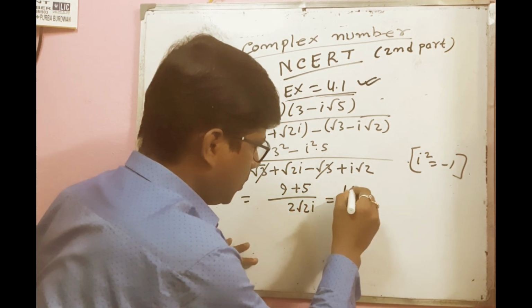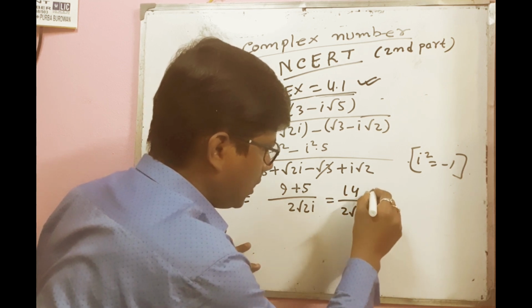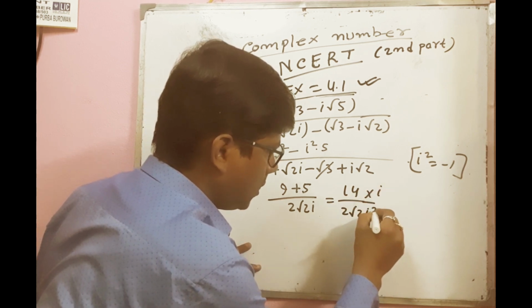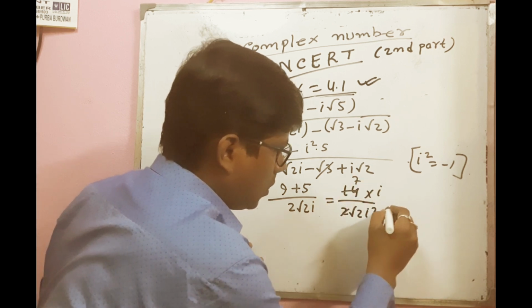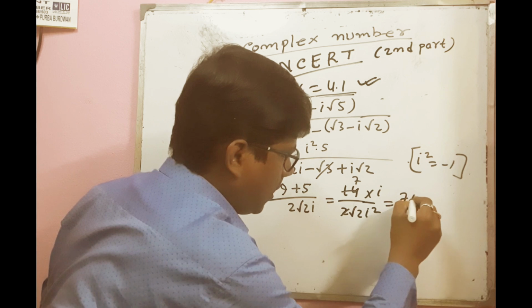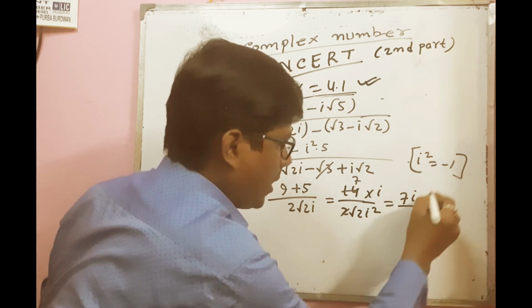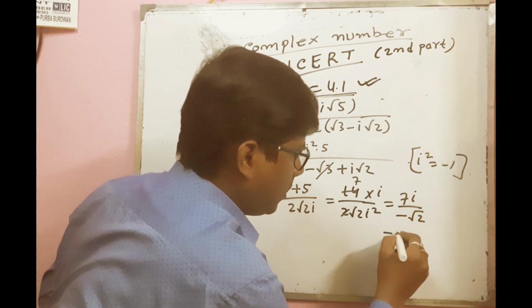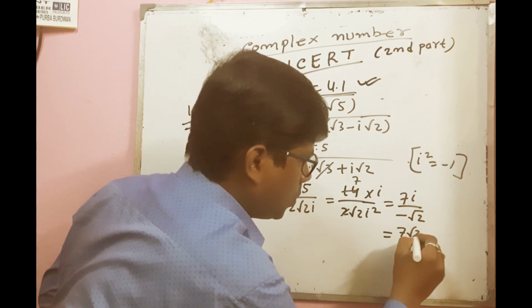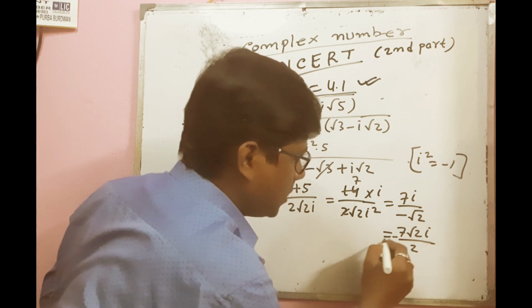Now 14, 2 root 2i and multiply with i, then this is i square, and this is the 7. So multiplying with 7 root 2i divided by 2, and minus is there.